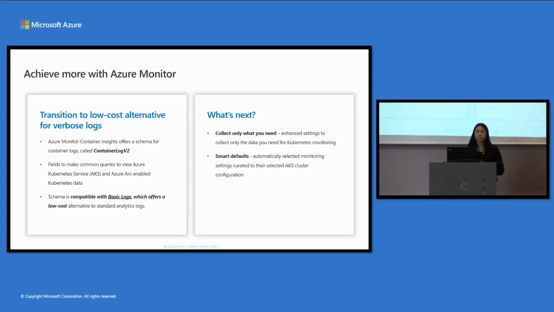And Azure Monitor is also working on a number of things. For example, enabling enhanced settings to collect only specific data that's needed, as well as smart defaults. So automatically select monitoring of and settings curated to your AKS cluster's configuration.